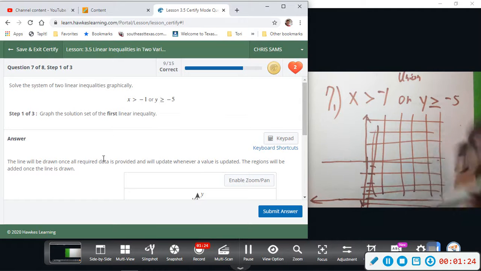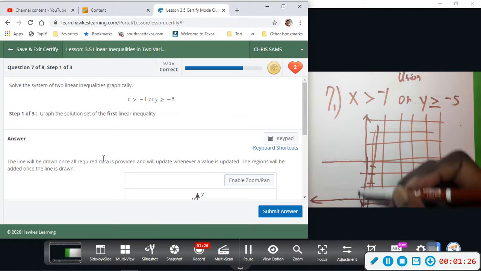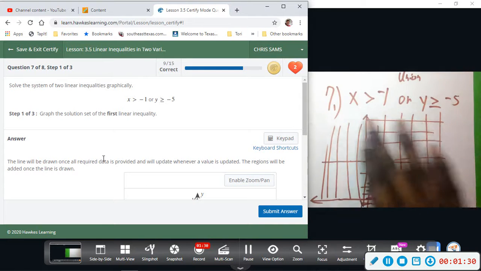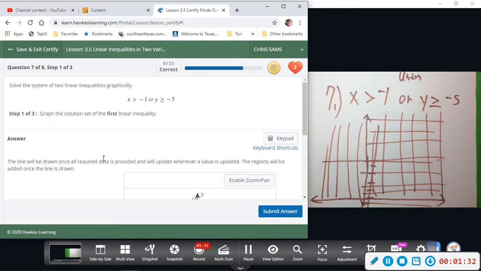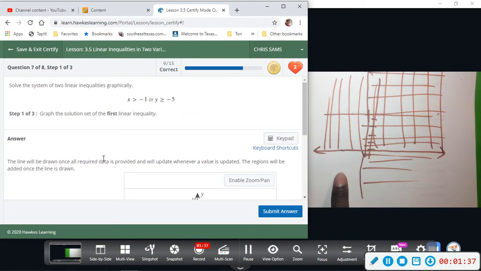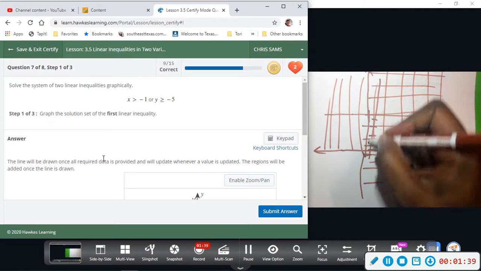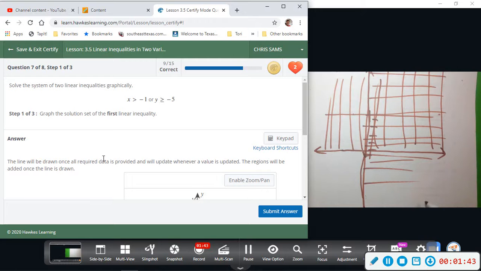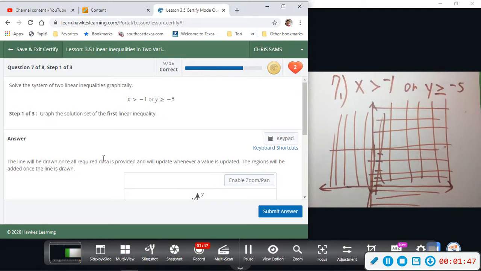If I did intersection, we would only want that part. But since it says union, we will add this piece and this piece. So this little corner in the bottom will not be shaded, because from x is negative 1 we shade all the way across, and we shade everything above, and union adds those two pieces together.